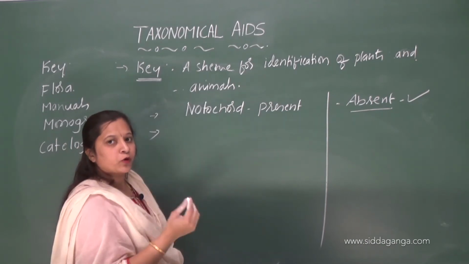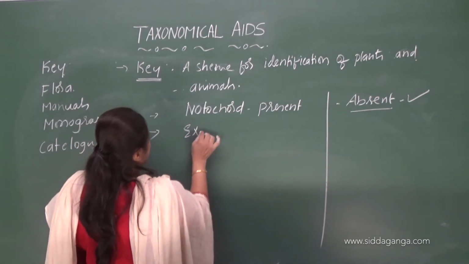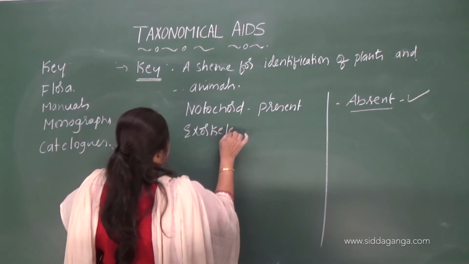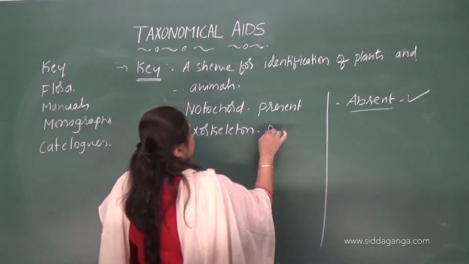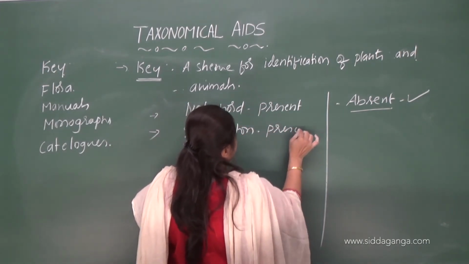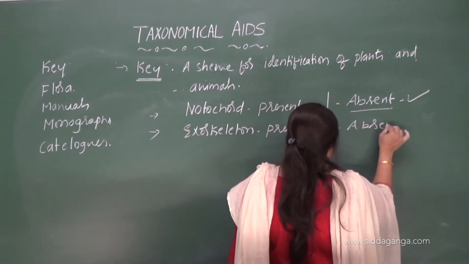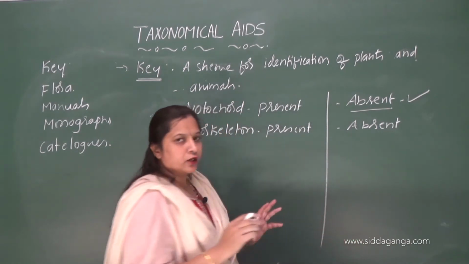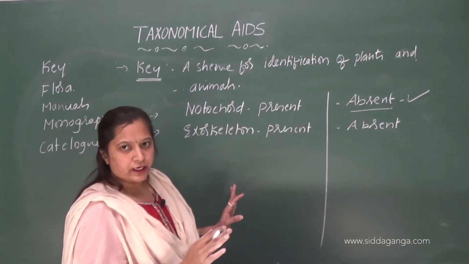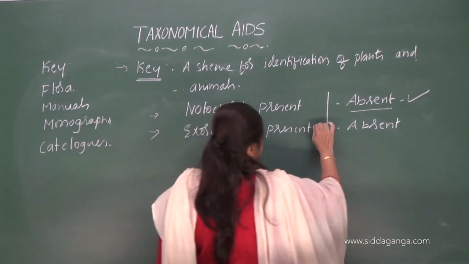One more character I choose: exoskeleton. Exoskeleton present, exoskeleton absent. If that particular animal has an exoskeleton, we have to choose the correct character.